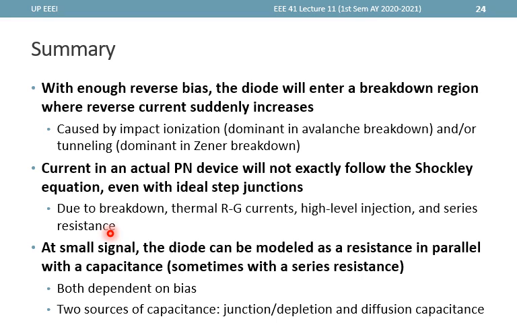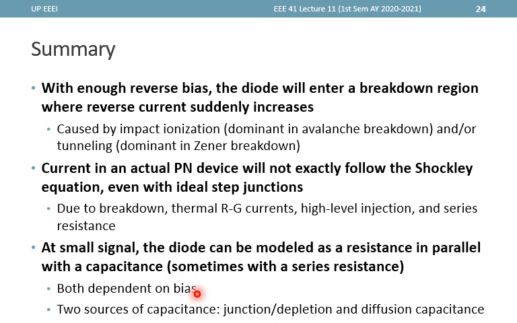So the last part of the lecture, we show that at small signal, the diode can be modeled as a small signal resistance in parallel with a small signal capacitance, sometimes with a series resistance. Now, the small signal resistance and the small signal capacitance are both dependent on bias, since changing the bias changes the slope of the IV curve, changes the amount of additional charge we get for some additional voltage, changes the depletion region width, and so that is the cause of the change with bias.